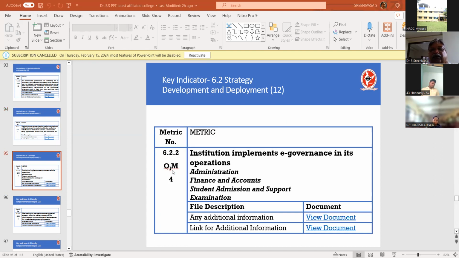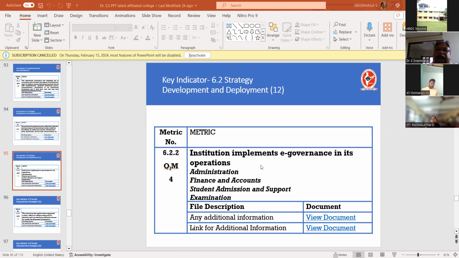Similarly, another qualitative metric is whether the institution implements e-governance in its operation, whether the entire procedure, the administration, which may include student admission, grants, scholarships, etc., is automated. If you want to apply for a CL, an online facility is there, you can send an email to the principal asking for a day's leave, or a portal arrangement is there.